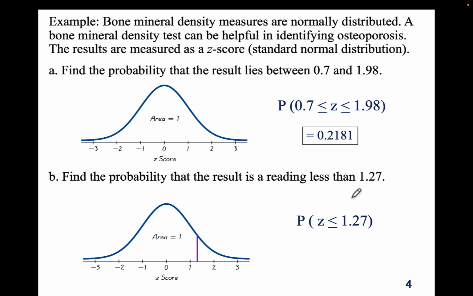And the wording is less than 1.27. So the notation is capital P, open parentheses, Z is less than or equal to 1.27. So the mark is right here at 1.27, and the shading would be all the z-scores less than that. So this side.